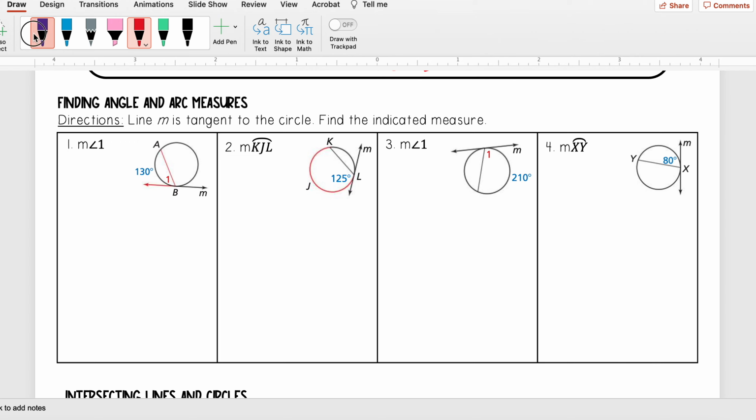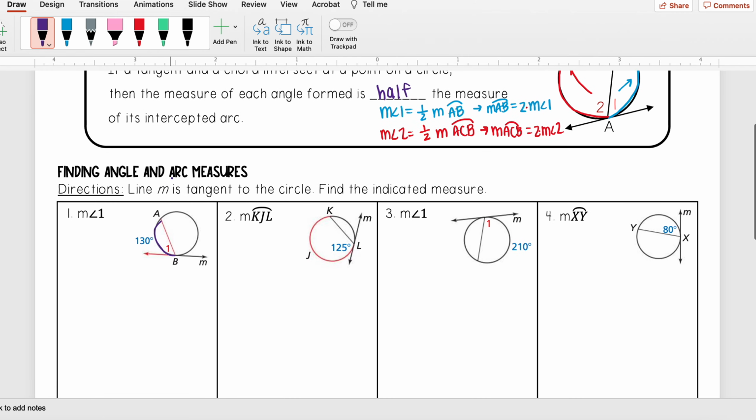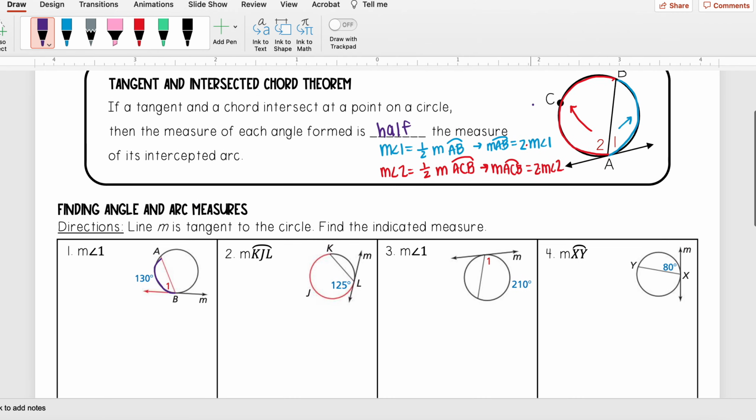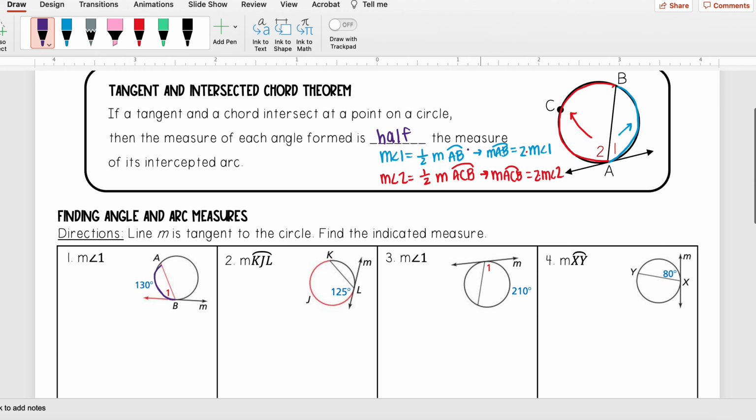So first I want to find the measure of angle 1. And I know that its intercepted arc AB is equal to 130 degrees. And so we see from our theorem here, since we're given the arc, we know the arc is going to be twice the measure of the angle formed.